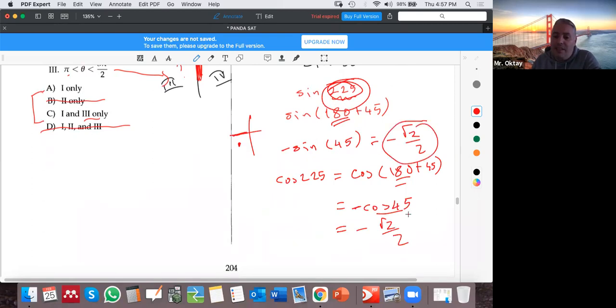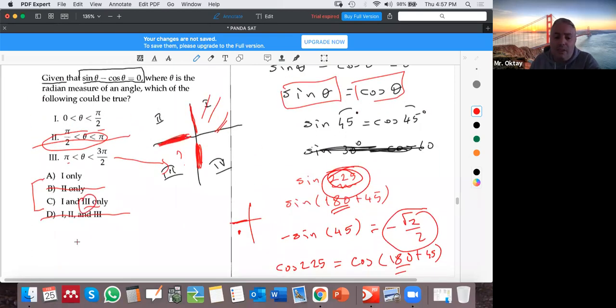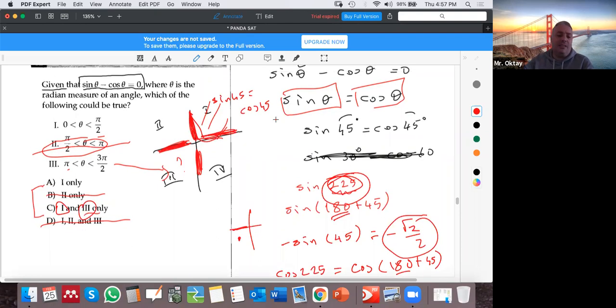That means this is equal to this one. It means that even the third one is correct. So if the third one is correct, one is automatically correct since we have just two alternatives, or we can easily say that sine of 45 is equal to cosine of 45. It is in the first quadrant. In the first quadrant, everything is positive. So it seems that the result is C.